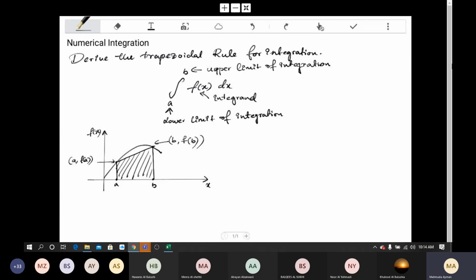Okay. Now, what would be the formula for the area of a trapezoid?